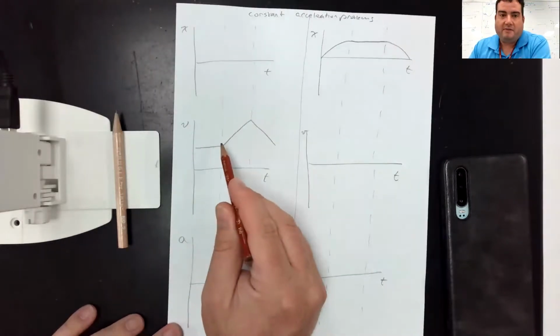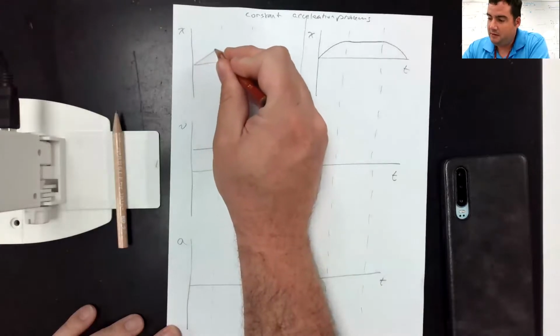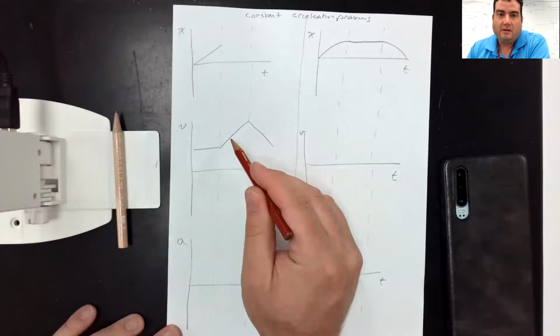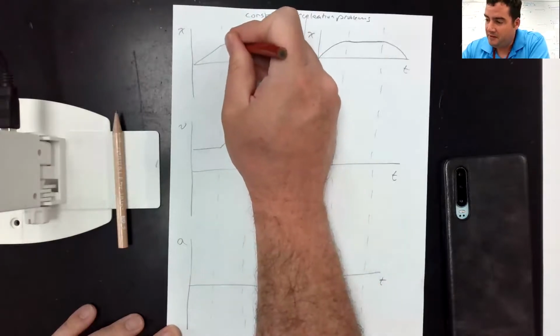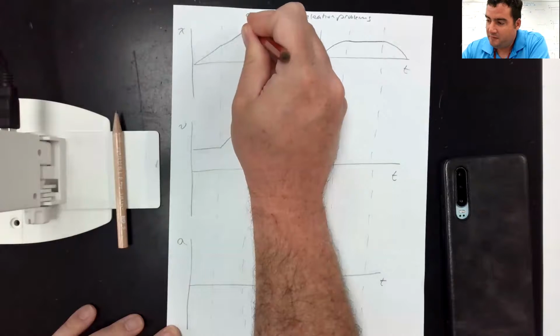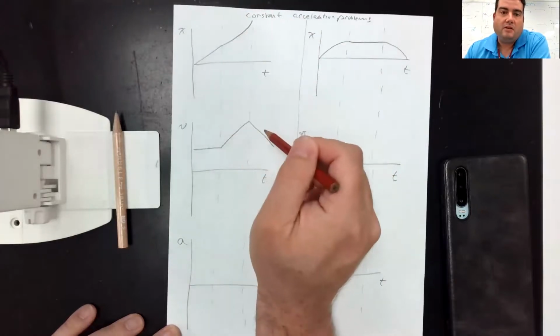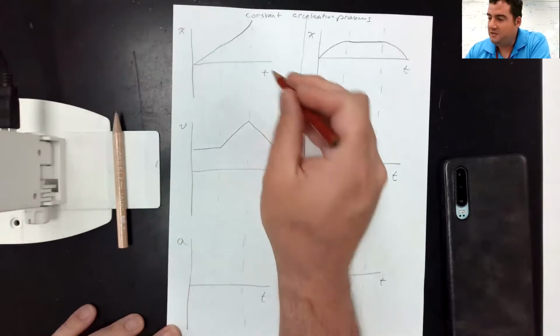We have a constant velocity here. That means as time is passing, our position is increasing linearly. Then our velocity starts to get steeper. So something like this happens. We get steeper. Then our velocity remains positive, but it starts to decrease.